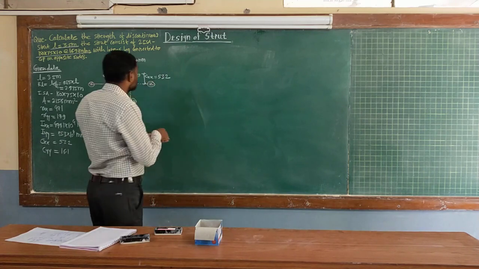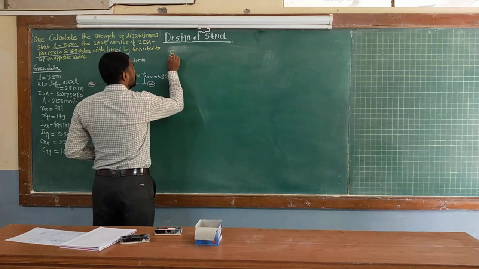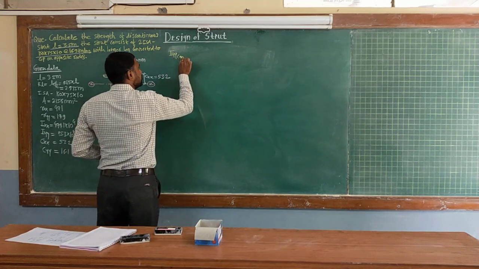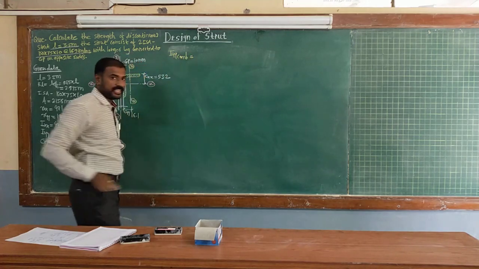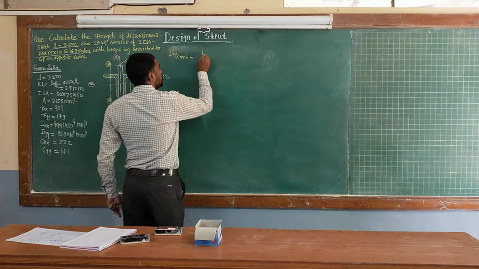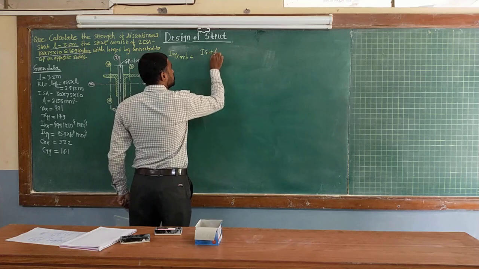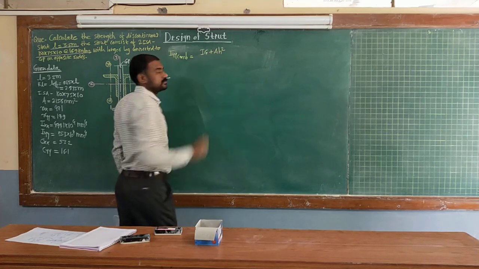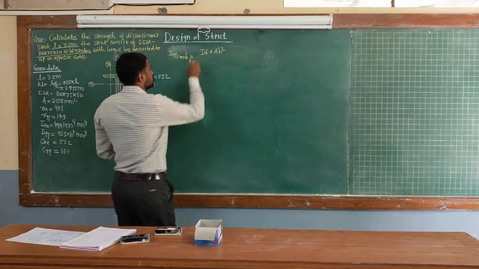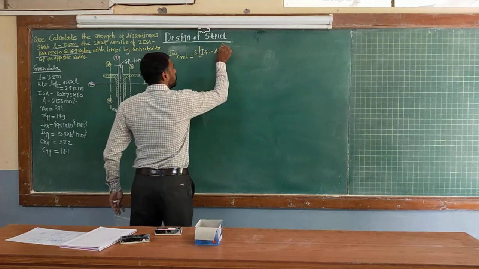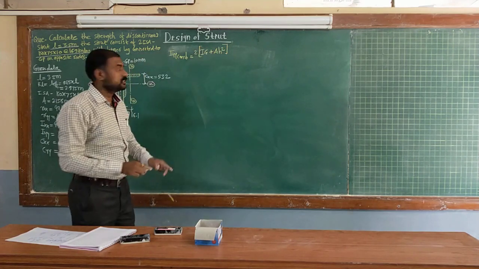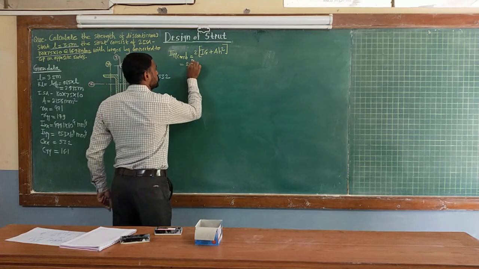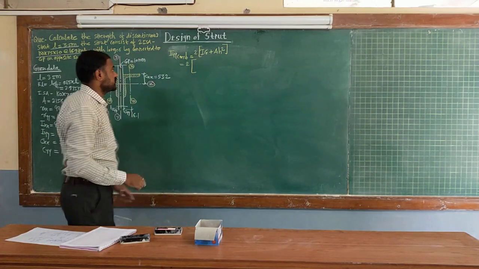Now calculating Iyy combined, that is for both the sections, and here we are adopting the parallel axis theorem. So it will be Ig plus A into h square, correct. As two sections are there, this is going to be multiplied by 2, correct. So this will be equal to 2 into bracket moment of inertia for y side.